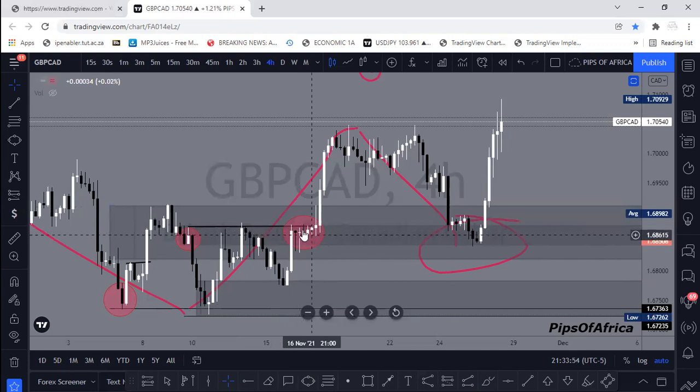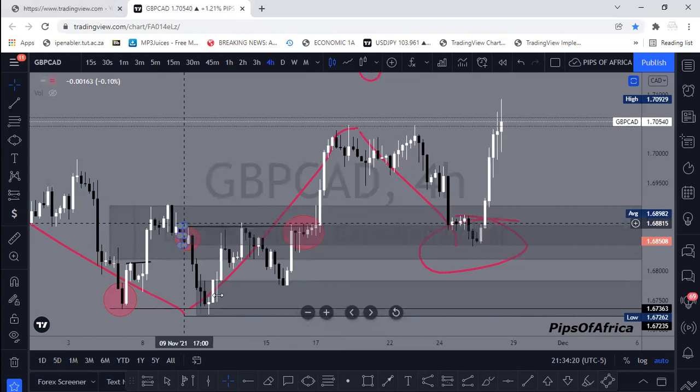Remember, one candle takes 4 hours to complete. So the first 4 hours, the second, 1, 2, 3, 4, 5, 6. It took 6 candles. If you multiply 6 by 4, you can see it took so many hours to leave this area.